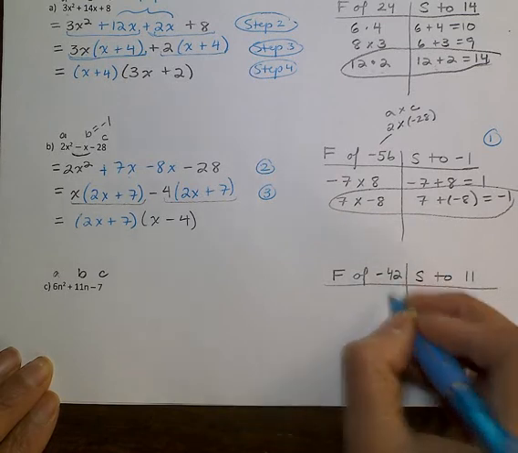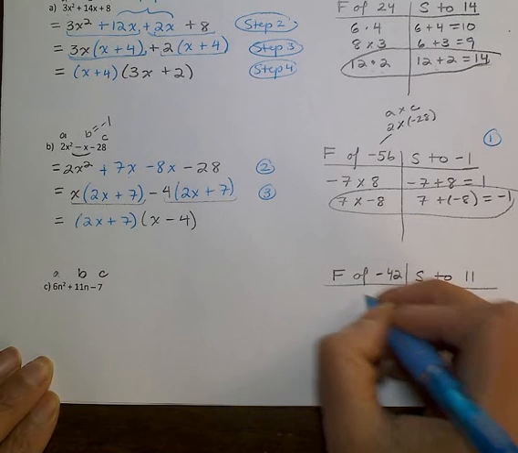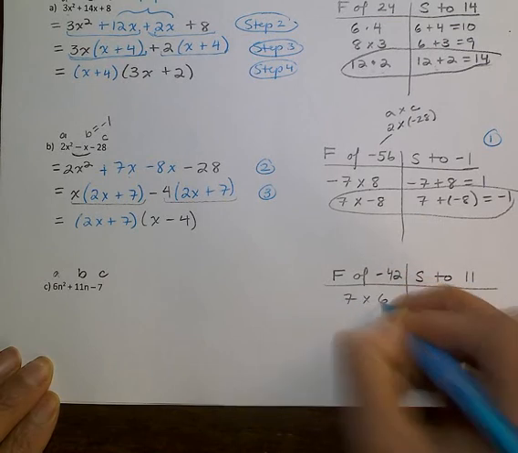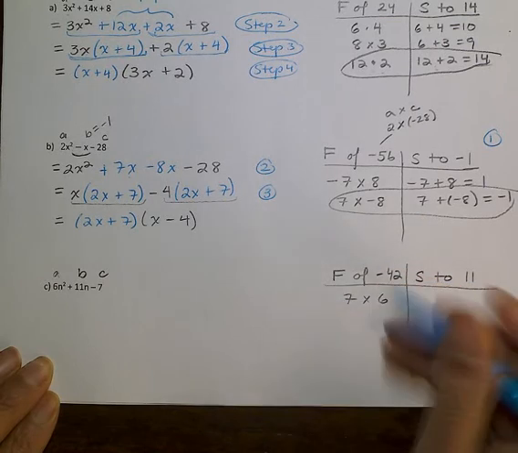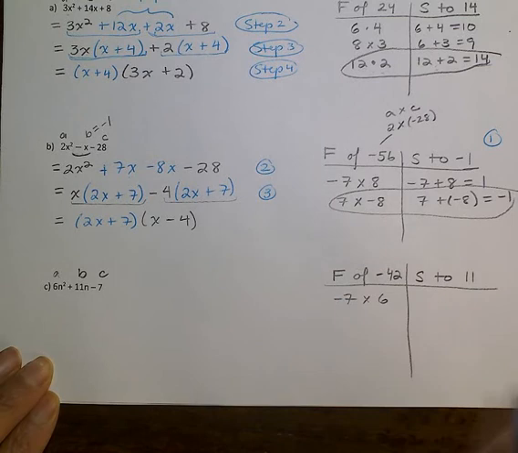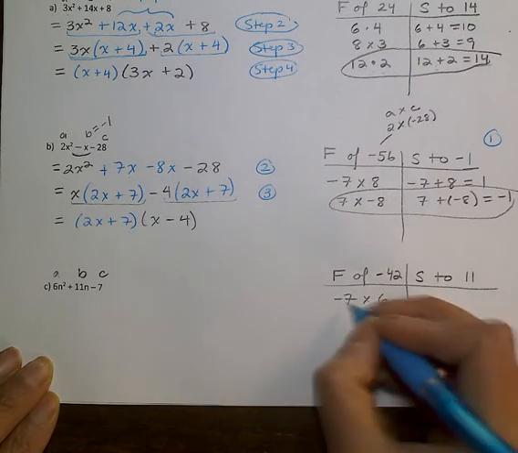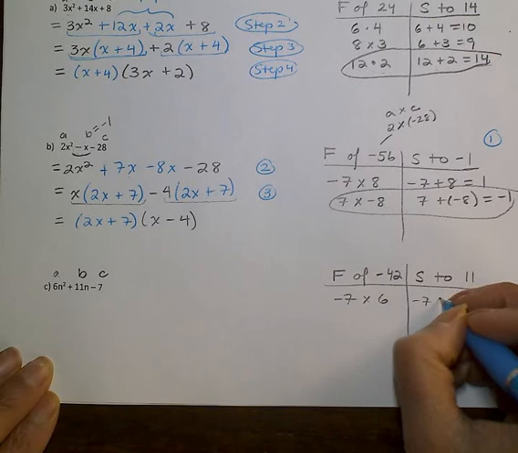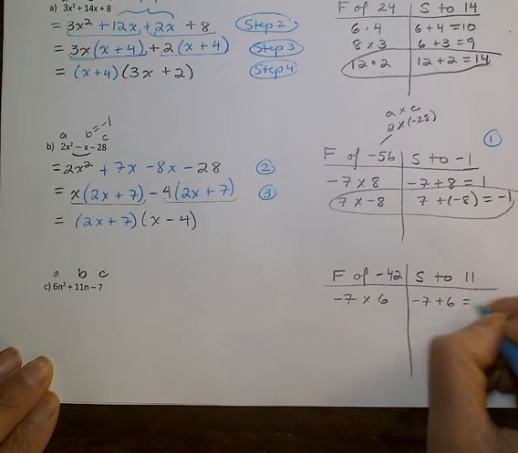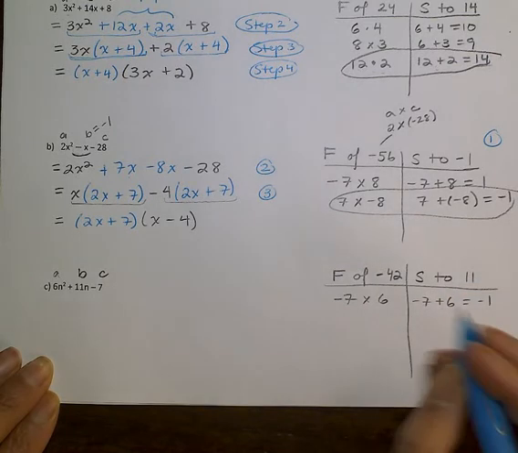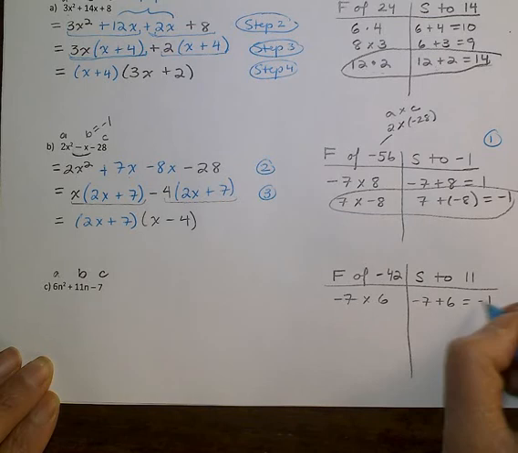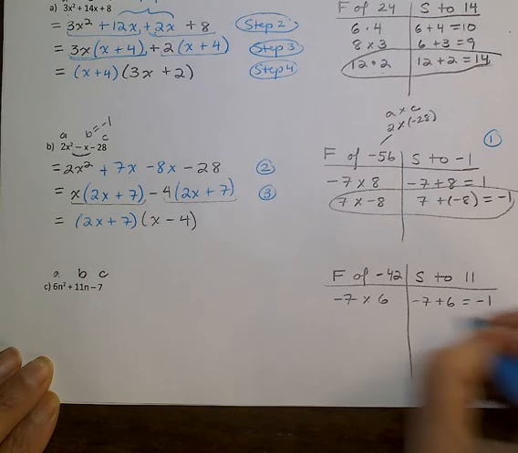Okay, so let's say, well, I know that 7 times 6 is 42. However, it needs to be negative 42, so I'm going to put a negative. I'll try it beside the 7 and see what happens. Negative 7 plus 6 is negative 1. That's not what I want. So I need to try different numbers. I need a bigger spread between those numbers.